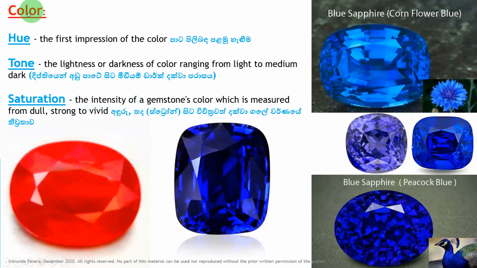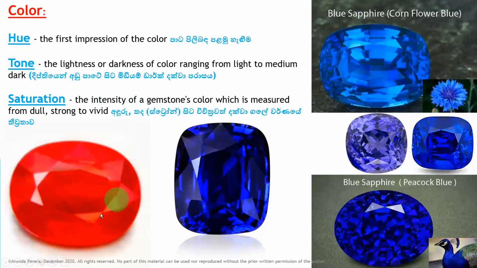When we are thinking about color, there are 3 things: hue, tone, and saturation. I saw a lot of people buy these dull stones because they have no idea about these 3 inside the color character. So remember hue, tone, and saturation, and when you are buying, buy vivid or strong only.